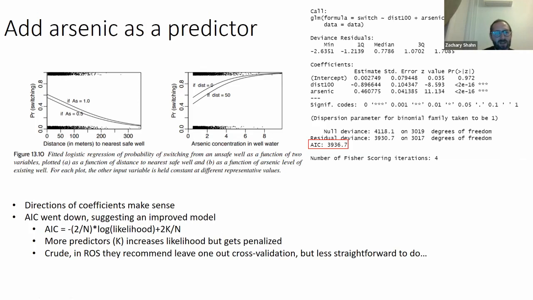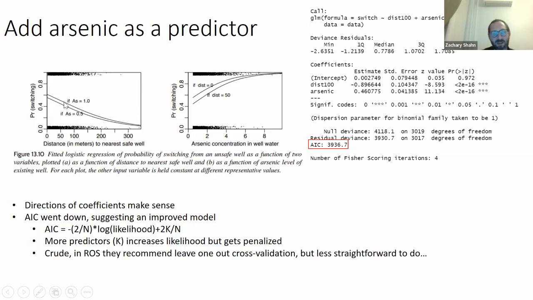That logistic regression line as a function of that variable, fixing the second variable at one value. So if arsenic is 1, here's how probability, that's what this top line is, here's how probability of switching changes as distance grows. And then they did the same thing for when arsenic is 0.5.